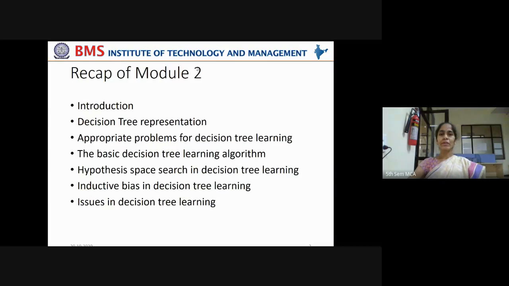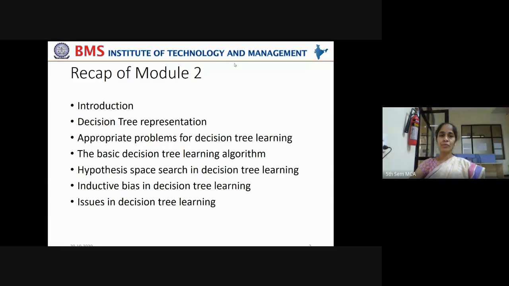In the second module, we have seen the introduction to decision tree learning and how trees are represented in the form of root and child nodes connected by branches. And appropriate problems for decision tree learning: what types of problems, the problems with certain characteristics, would be best suited to be learned using the decision tree algorithm.